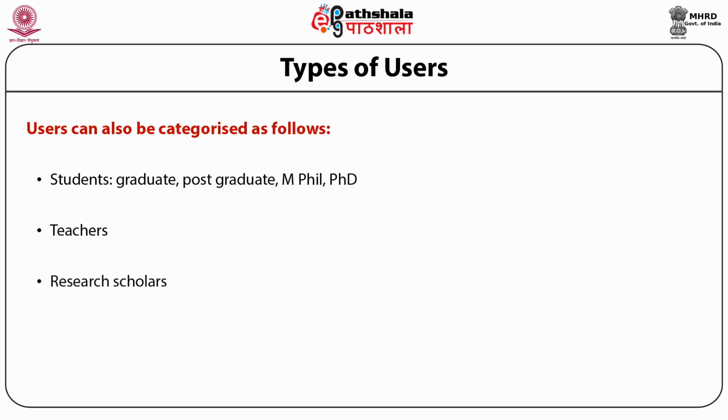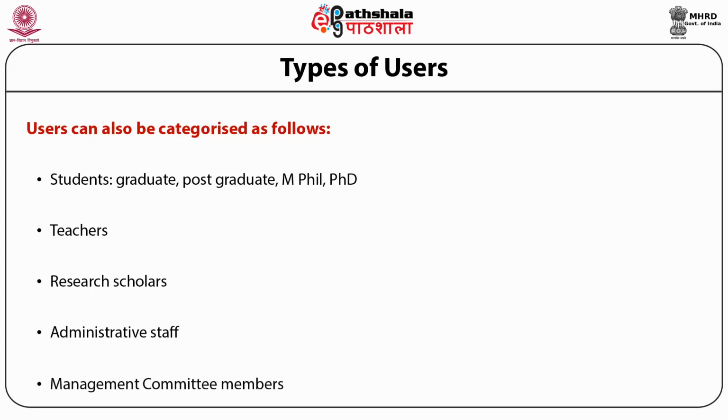A research scholar is another type of users who probably have already used the academic library and now are familiar with some of its services and functions. Administrative staff of academic libraries is another group of users who visits the library from time to time.